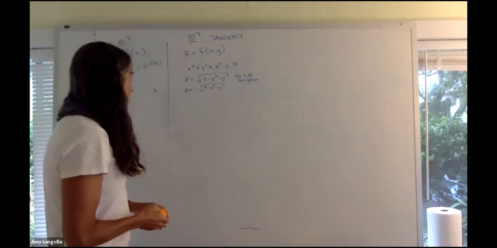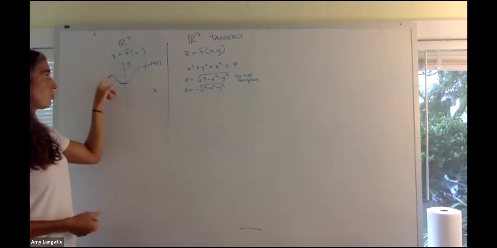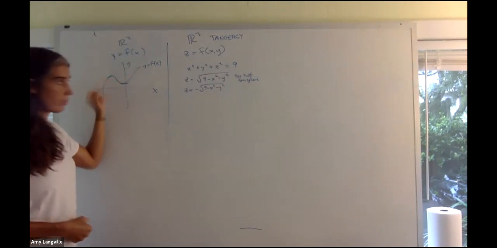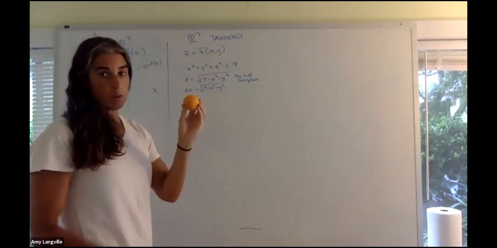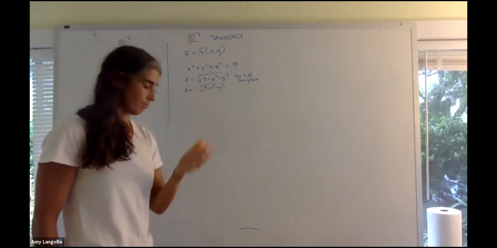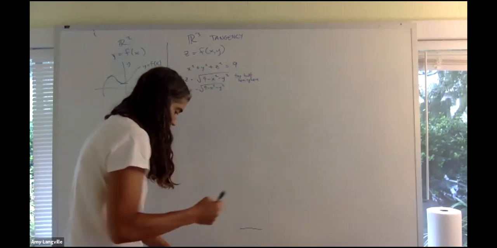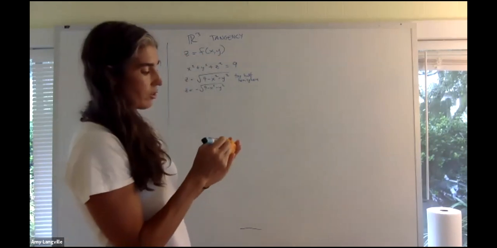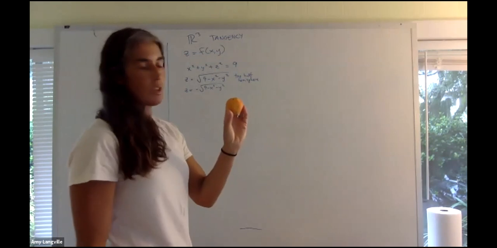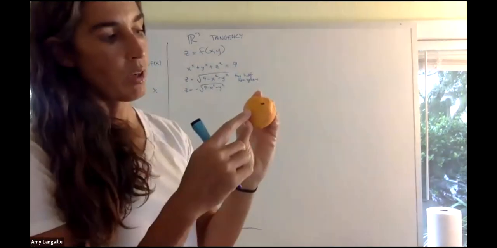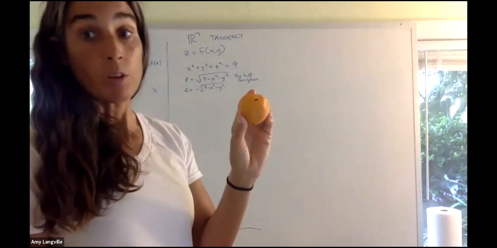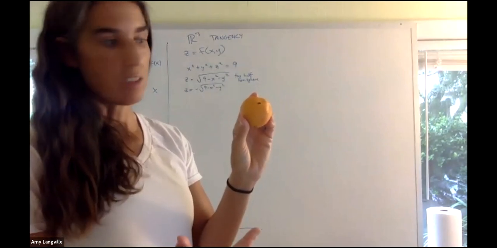Just like you did here, you stop at a point, in this case x, on the function. We're going to stop at a point, in this case x and y, on the function, which is a surface this time. So if I stop at any point on this surface, and we talk about tangency, can you see my point there? Some point on the surface, how do we define tangency then?